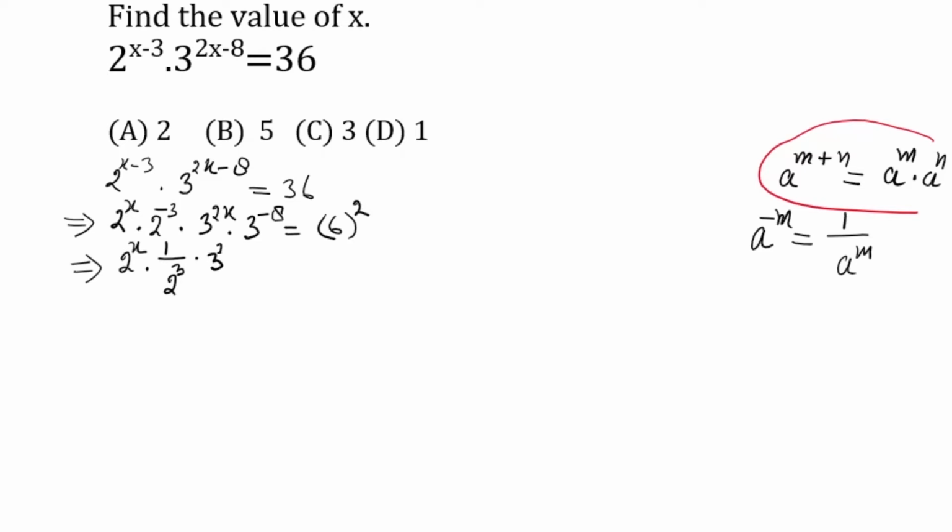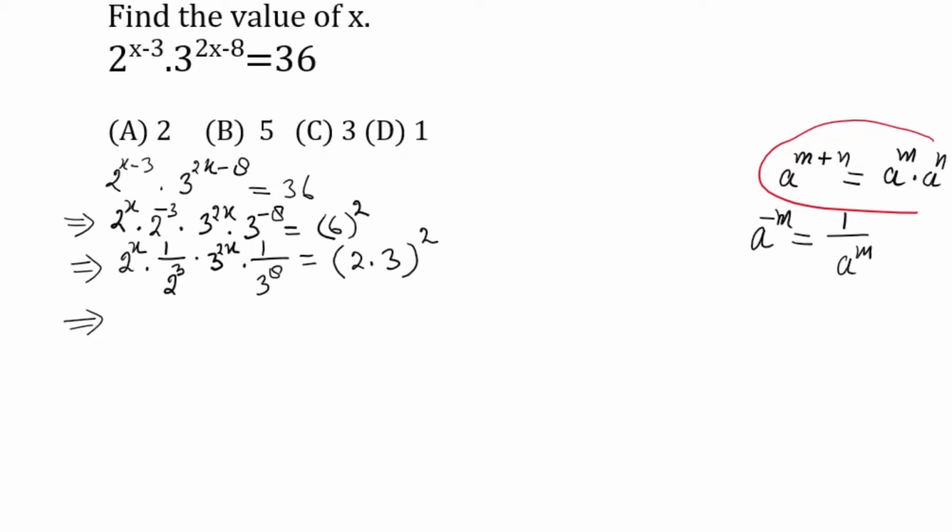3 to the power of 2x into 3 to the power of 8 is equal to, I break it into two parts, 6 is 2 into 3, 2 into 3 to the power of 2.